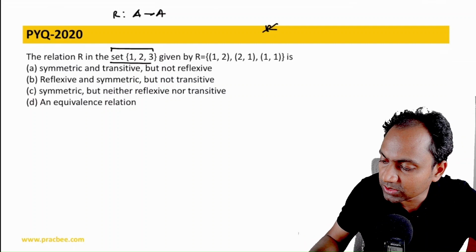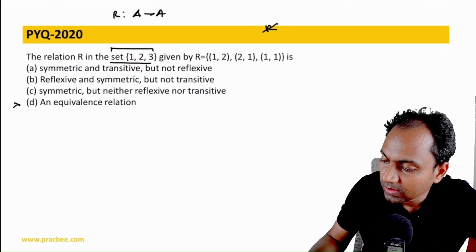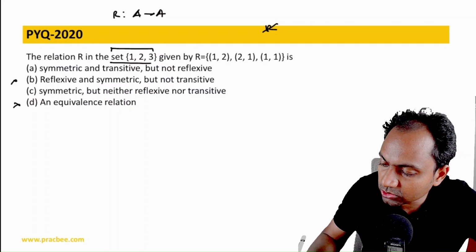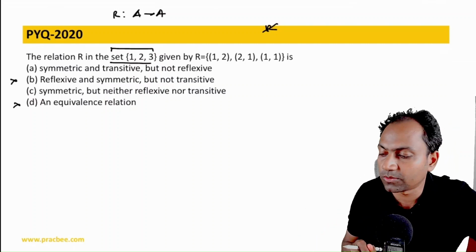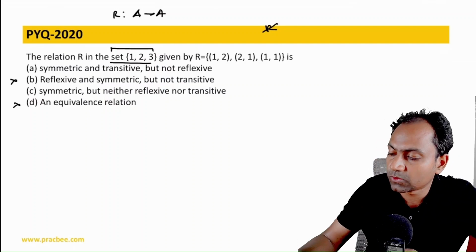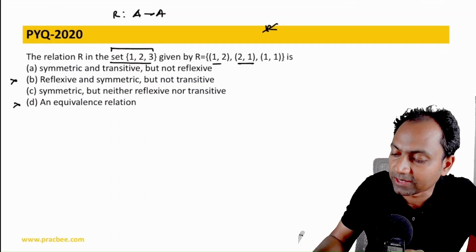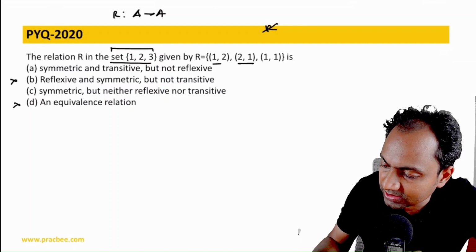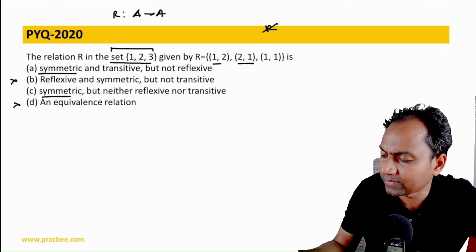So this option can definitely not be true, and this one also cannot be true. A and C are the 2 possible options that can work out. Now we check symmetric. If you can see (1, 2), there is (2, 1). So it is symmetric. Both the options talk about symmetric, so again it is not giving us an edge.